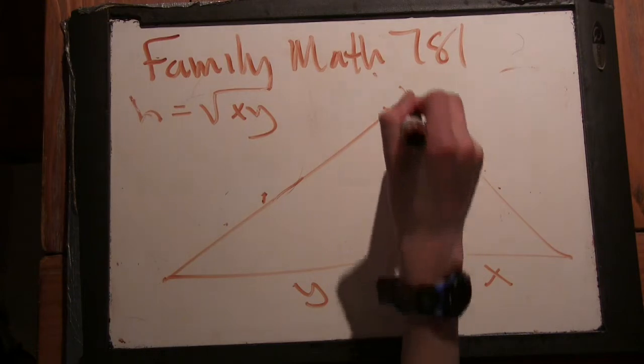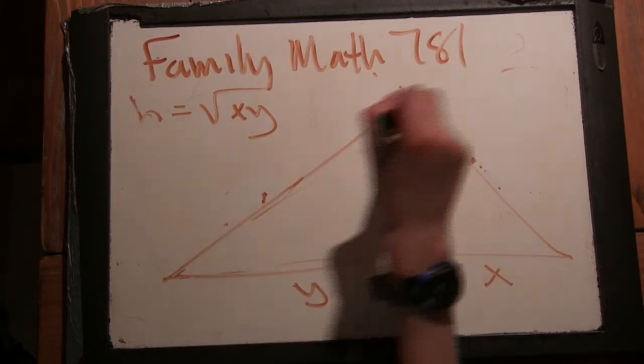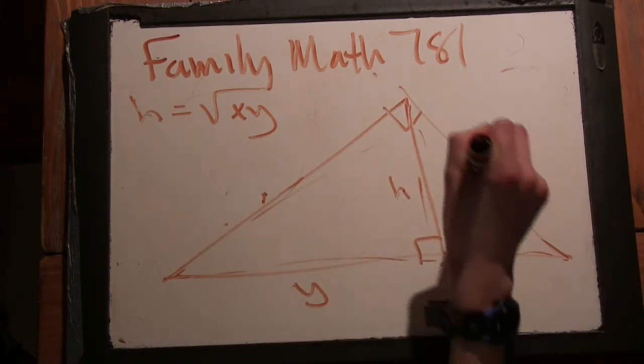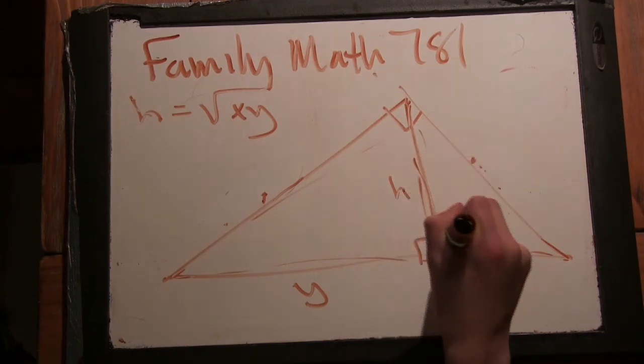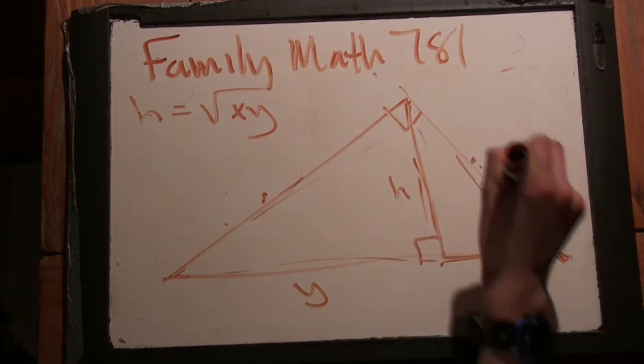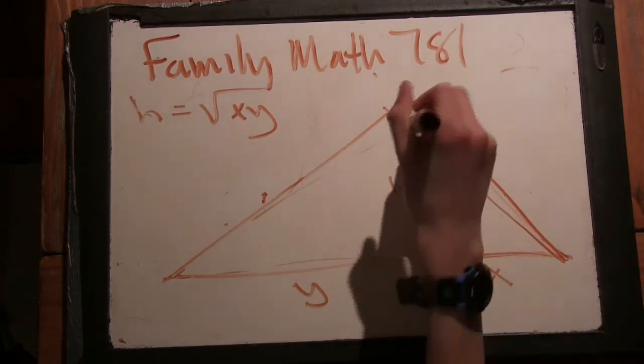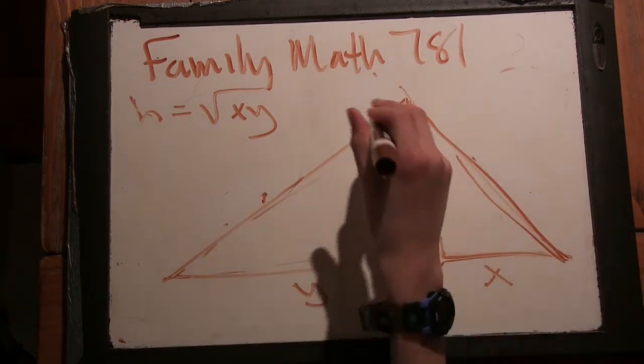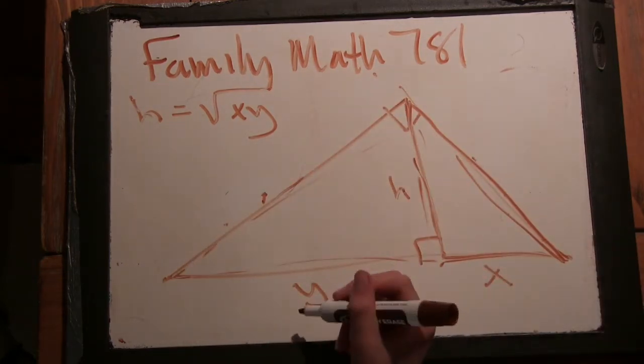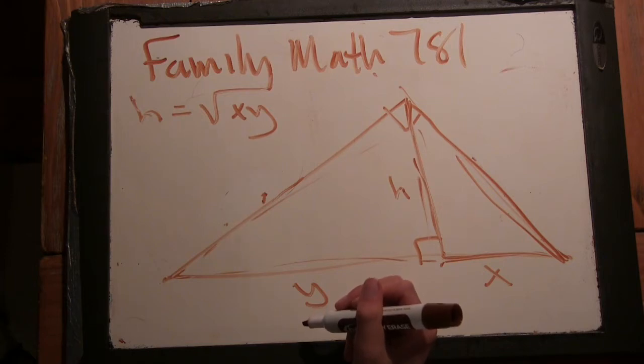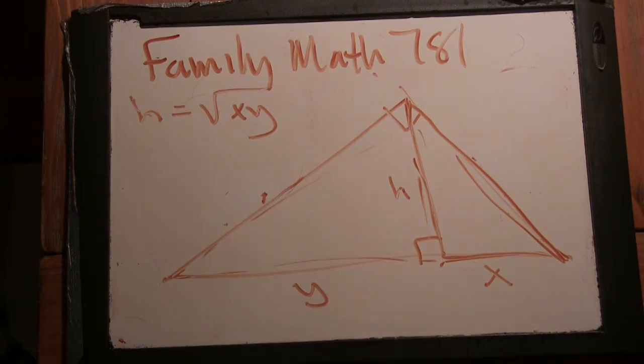So you have three right triangles. You have this one, and the big one. Okay. So first, you notice that you see two angles a lot.